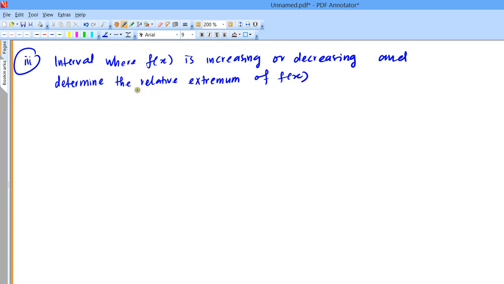So relative extremum mean minimum and maximum point.